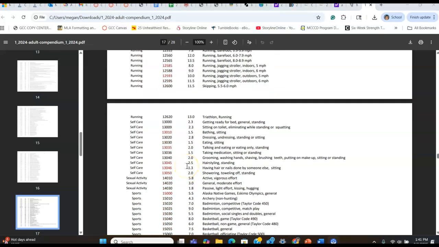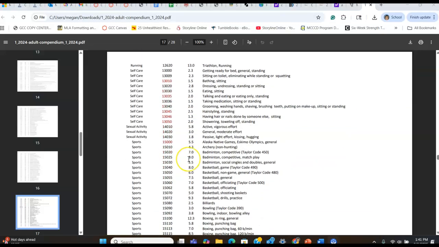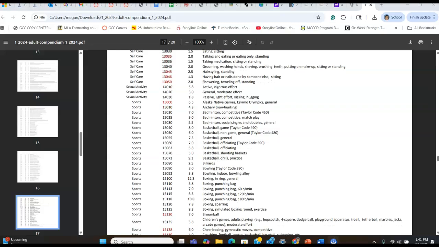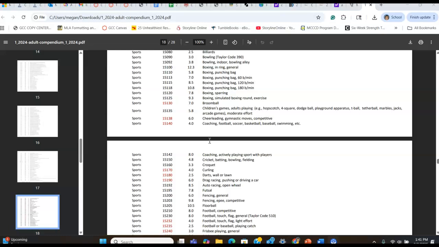Don't always give your client, oh, you're going to walk on the treadmill at a speed of 3.5. That's boring for them, right? Maybe they enjoy playing some basketball, right? Or maybe they like cardio kickboxing. Maybe, right? Like there's a variety of things in here. So give them something that they will enjoy, not just go out for a walk, go out for a walk.